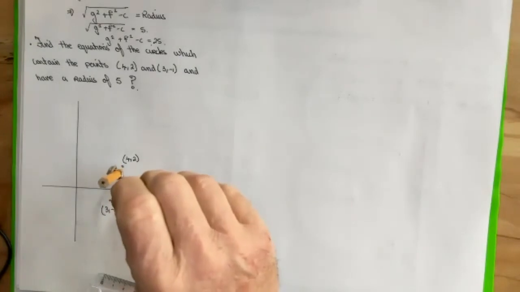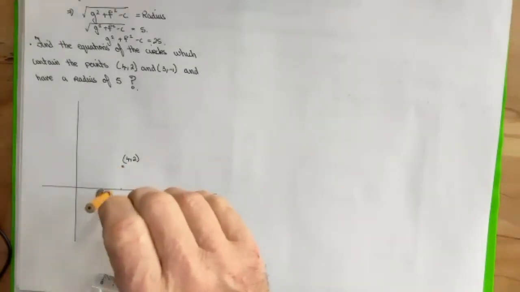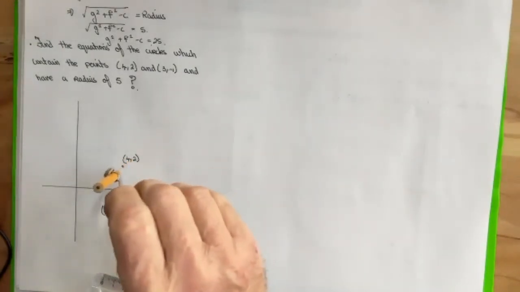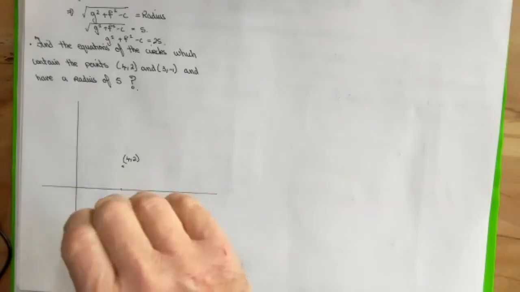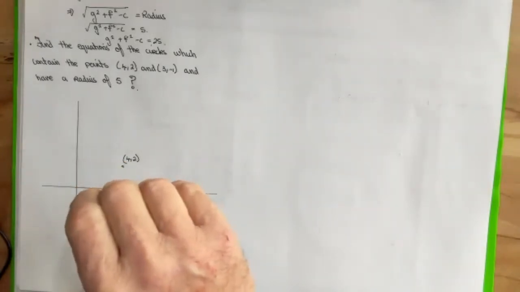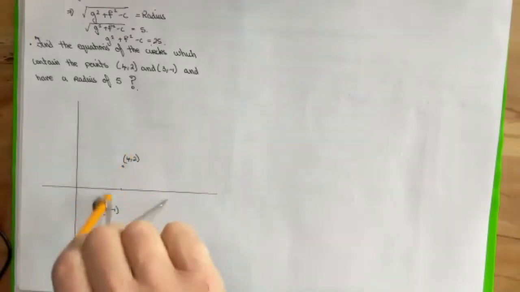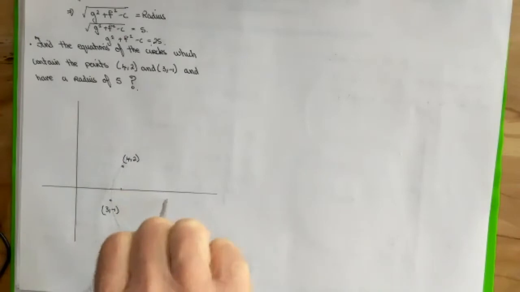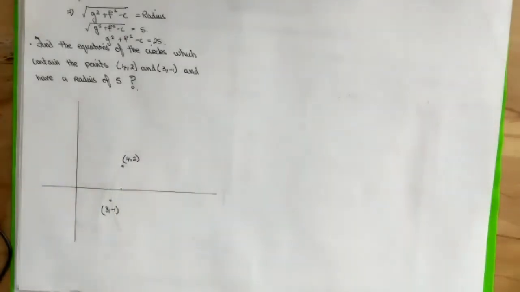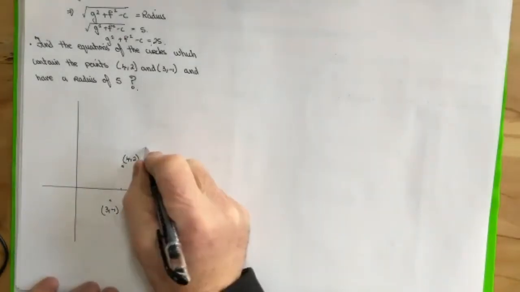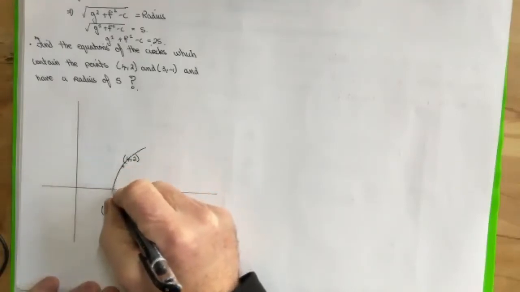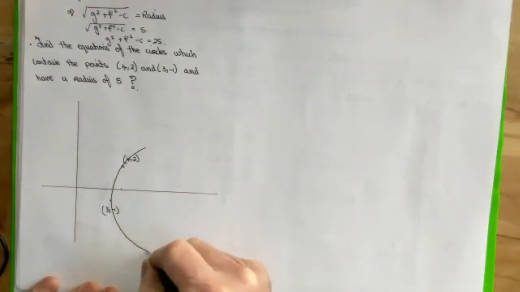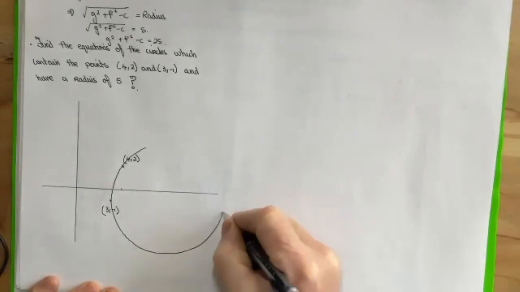So I'd say there's a circle around here someplace. I don't need this perfect now, just to show you. So there's about one circle that satisfies all my criteria. It goes through (4, 2), (3, -1), and it has a radius that is 5.